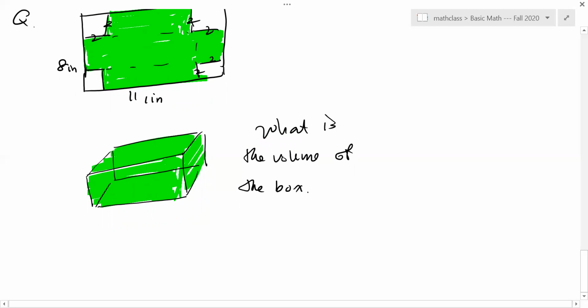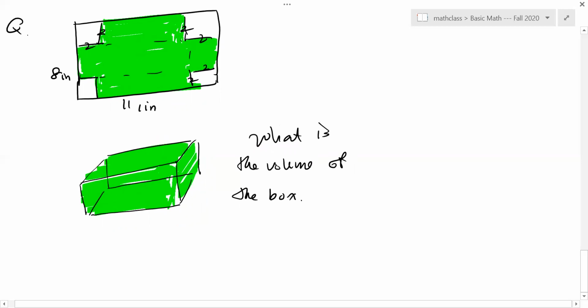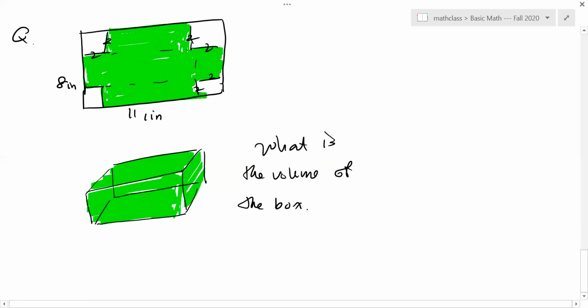If you have an answer, you can post it here. So the picture is clear, right? You use a piece of paper and you cut 4 identical squares.